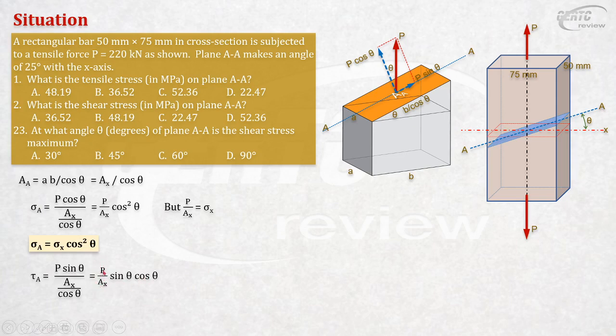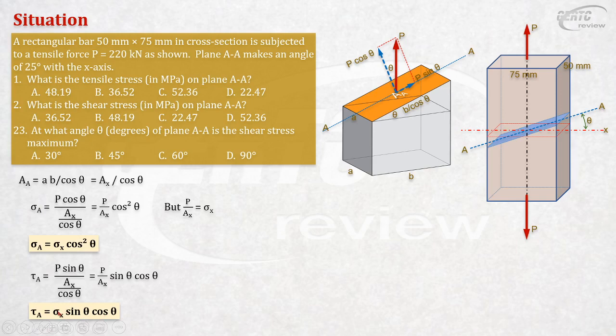And again, what is P over AX? P over AX is sigma X. So again, that's the formula. The shear stress along a plane from the X plane equals sigma X sine theta cosine theta.